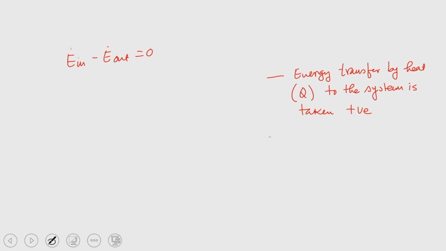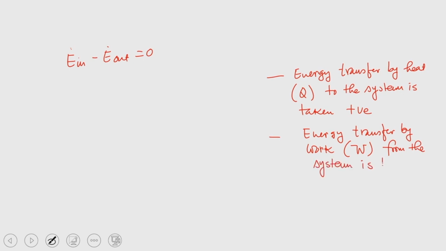In a similar way, we can write energy transfer by work W from the system is taken positive.